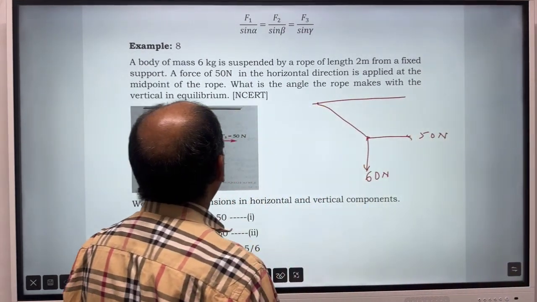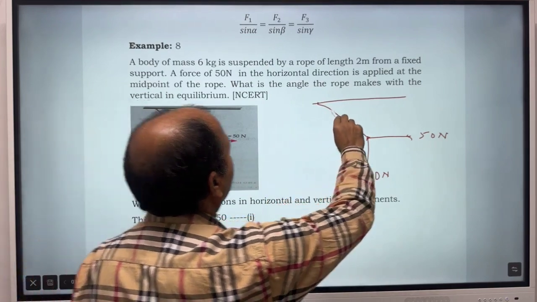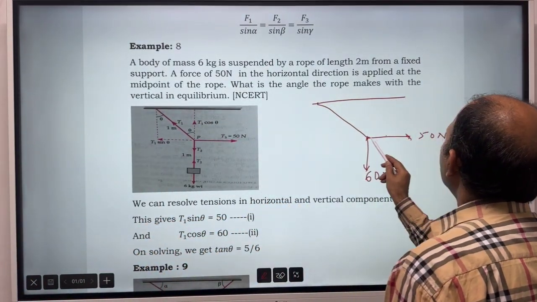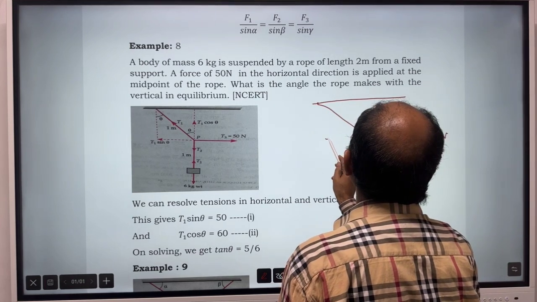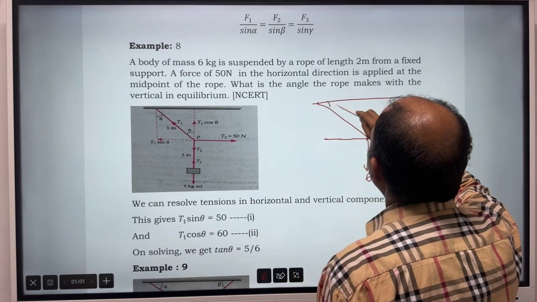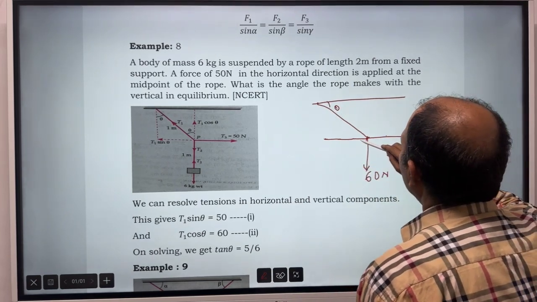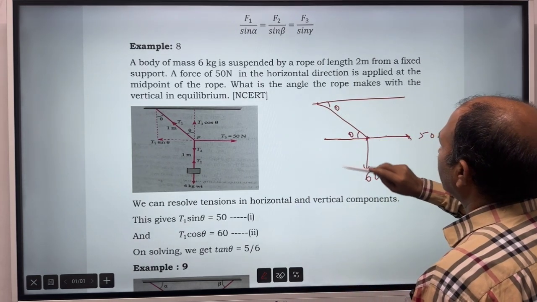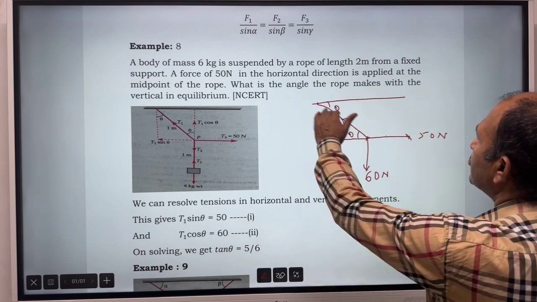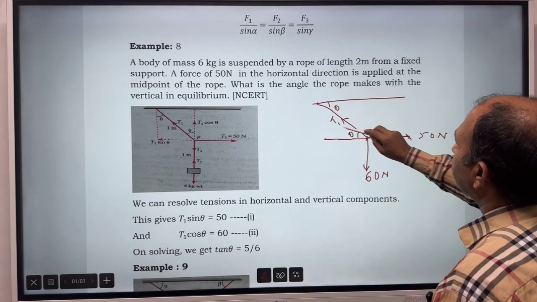Other situations we can discuss. Here the component of this force, so you can write like this. Suppose this angle is theta, so this angle will also be theta. Now we can imagine that tension in this string is say T1.